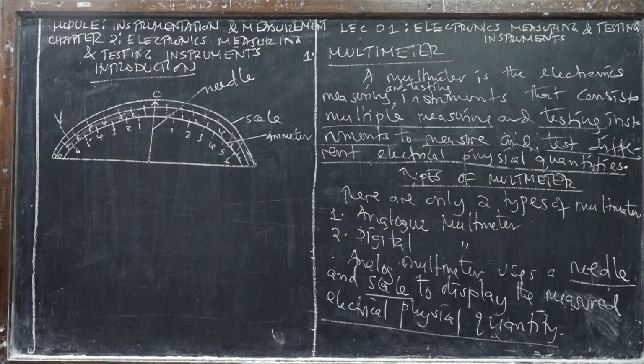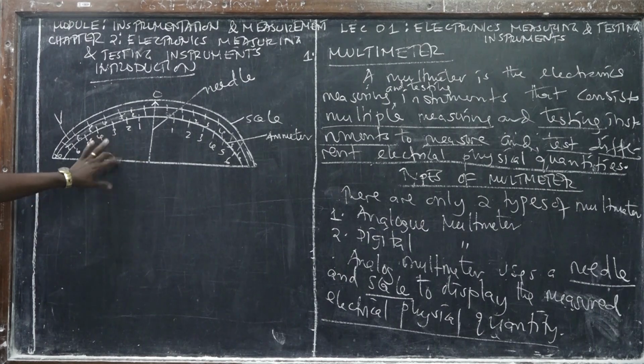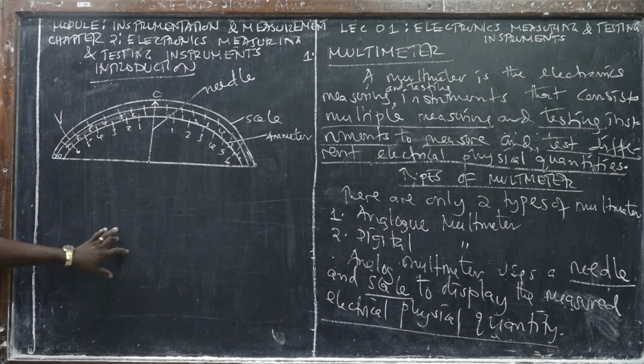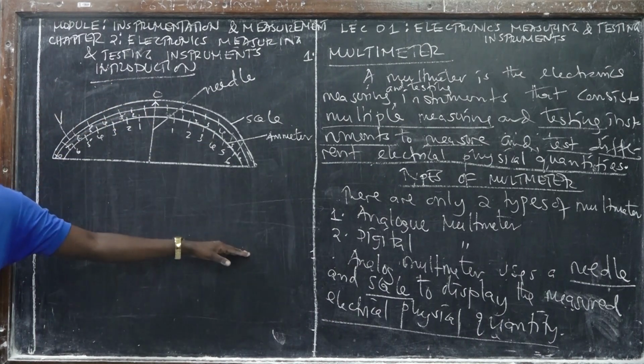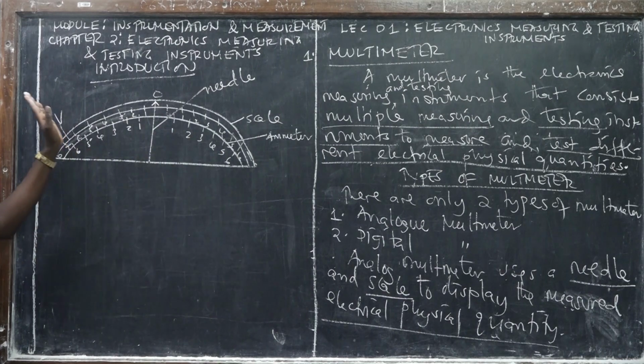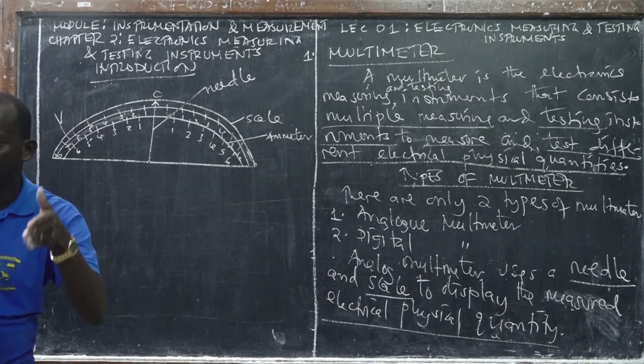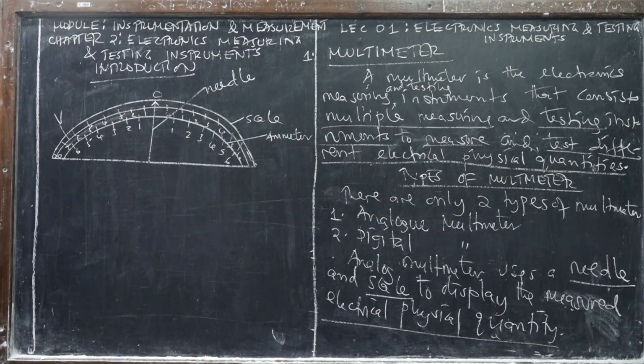Stop writing. In the previous practical workshop, we did not discuss this scale in detail. Listen. 0 is the center, right? We have a scale on the right-hand side of 0 and on the left-hand side of 0. Why? Because in measurements we always have positive and negative values.